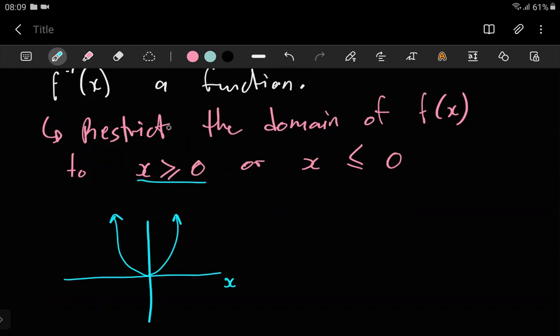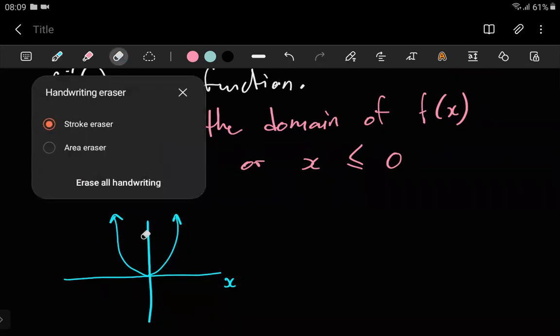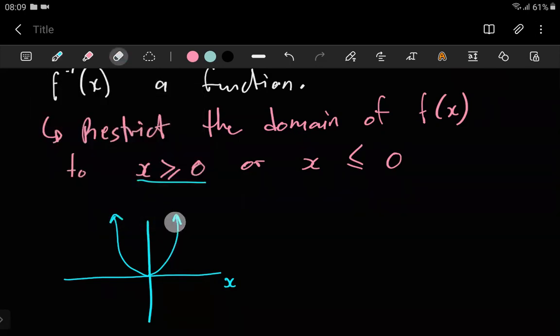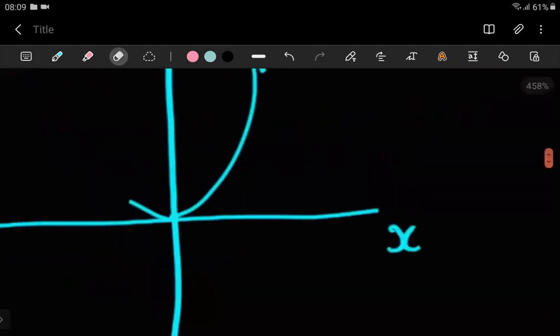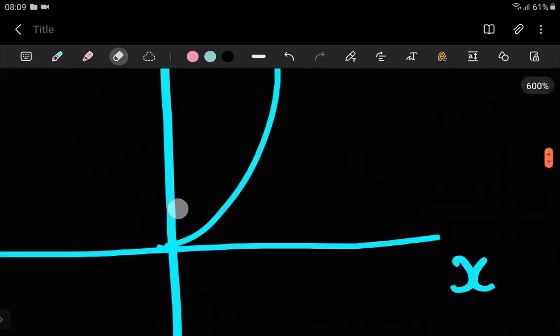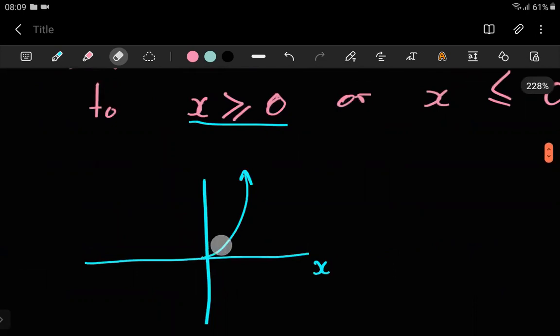So this is saying if you restrict your domain to where x is bigger or equal to 0, you are only going to be considering this portion of your picture. Instead of drawing the whole thing, you will only be drawing the portion where your x values are bigger or equal to 0, meaning this part here goes away. Now, this is what you will be looking at.